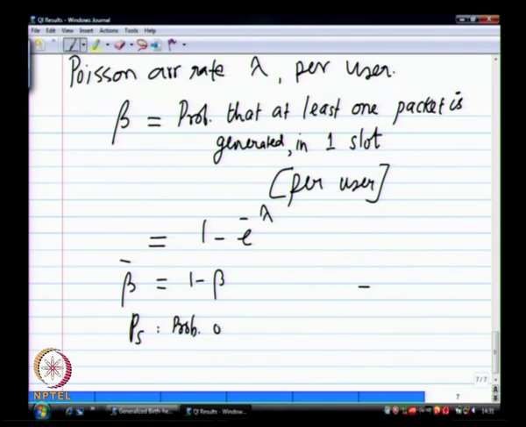So PS is the probability of successful transmission. That will depend upon how many users are in the system, but simply assume there is some variable called PS that we can compute.